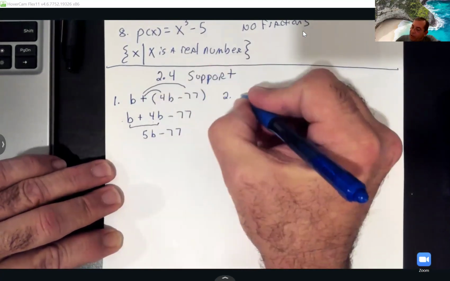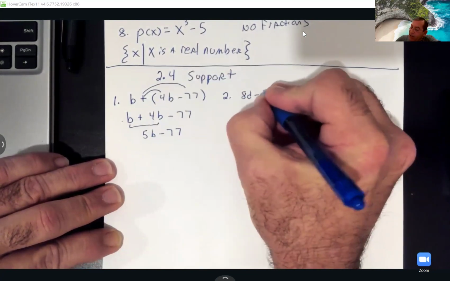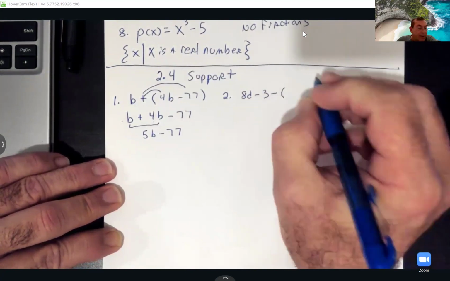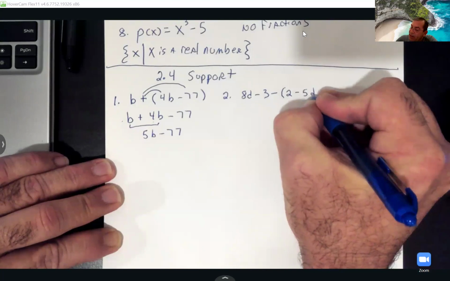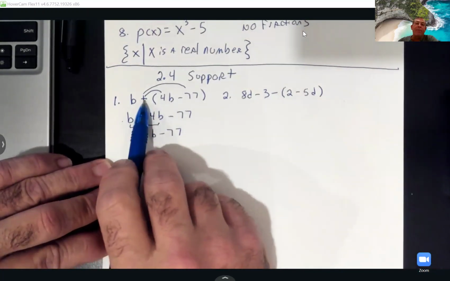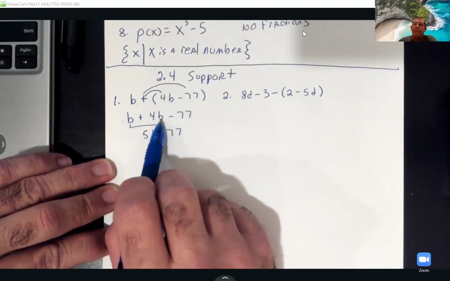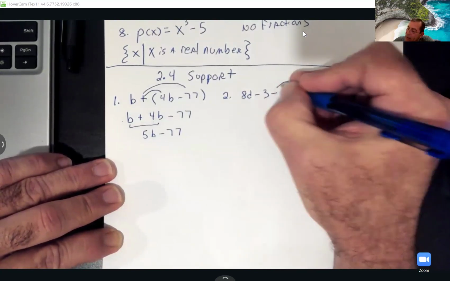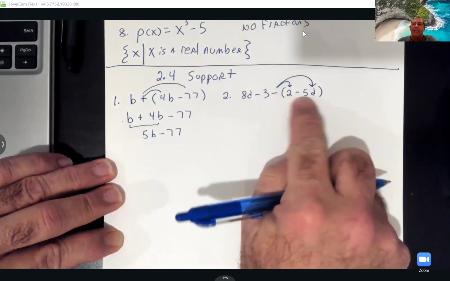Now y'all watch this one. This one has an 8D minus 3 minus parentheses 2 minus 5D. Now over here you had a plus in front. So when you distributed, everything pretty much stayed the same. Over here you got a negative. So when we distribute that negative, it will change their signs.